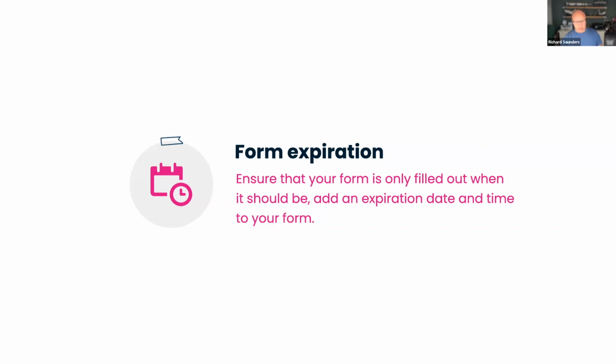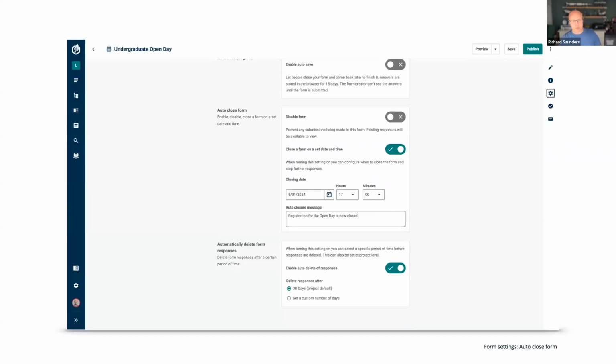So we're supporting expiration dates within forms with a date and time, where you can also set a custom closure message so respondents understand, maybe if they've been shared a link to the page where the form is, it would now display that, in this case the registration for the open day has been closed. And you can also manually disable forms if you need to.